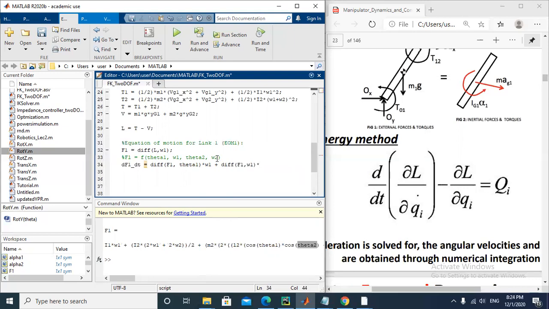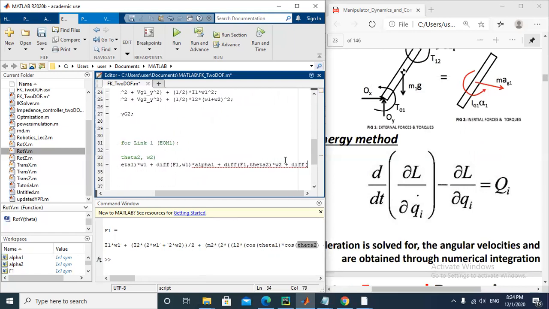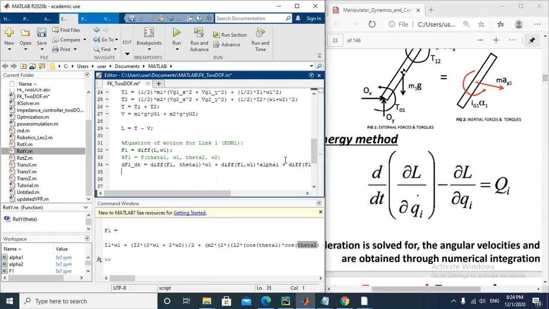Now this is multiplied by what? Maybe you should pause the video right now and see if you can figure out the answer. What should I multiply that by? I should multiply it by alpha 1, plus diff of f1 theta 2 multiplied by omega 2, plus diff of f1 omega 2 multiplied by alpha 2. So there you go.